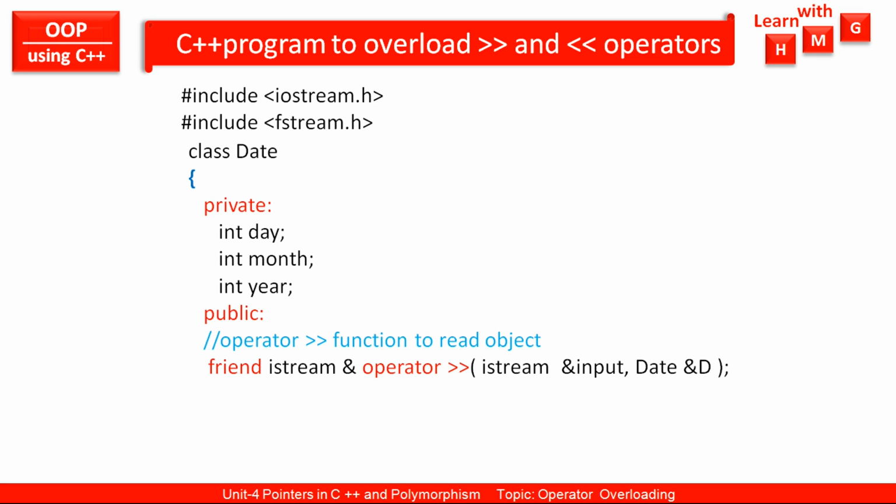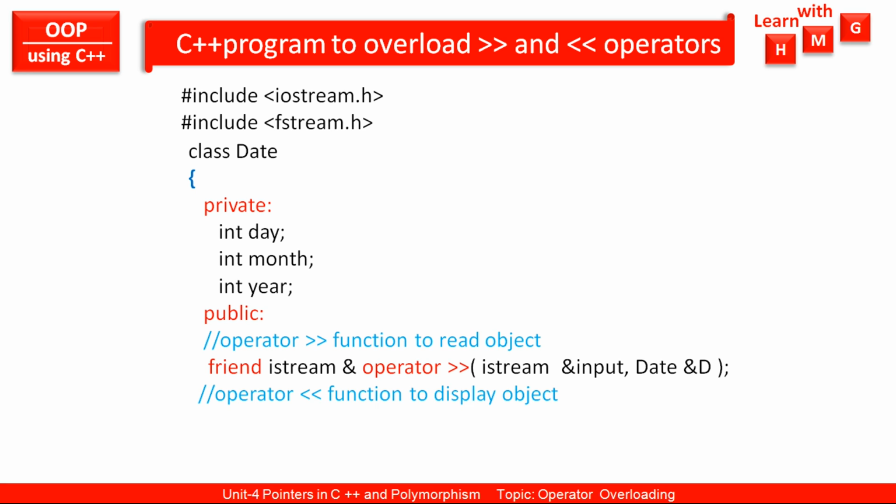So input is here the input stream object, and we are passing both these objects, input and D, by reference, that is their addresses are passed. Then this function is going to return the address of the input stream object. So this function accepts the addresses of two objects, as well as returns the address of an object of input stream type. And it is a friend function, that is, it is not a member of the class date.